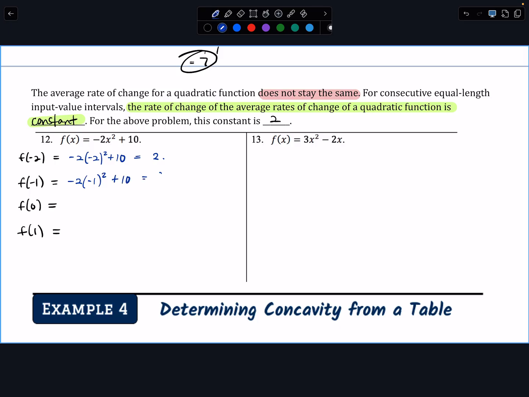That's going to give me 8. If I plug in 0, 0 squared is 0 times -2, it's still 0. Plus 10 gives me 10. Okay. If I plug in 1, -2 times 1 squared plus 10, what is that, 8?